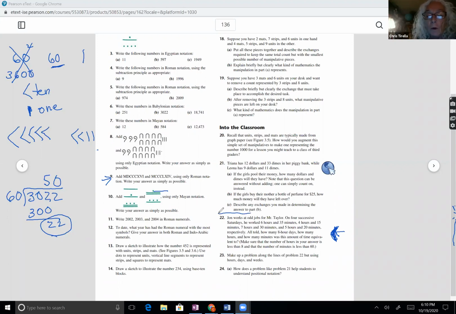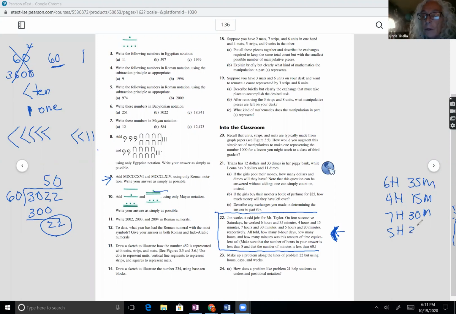And so over here, question number 22, we're told that somebody works 6 hours, 35 minutes, 4 hours, 15 minutes, 7 hours, 30 minutes, 5 hours, 20 minutes. And we want to know how many 8-hour days, hours, and minutes this is equivalent to.